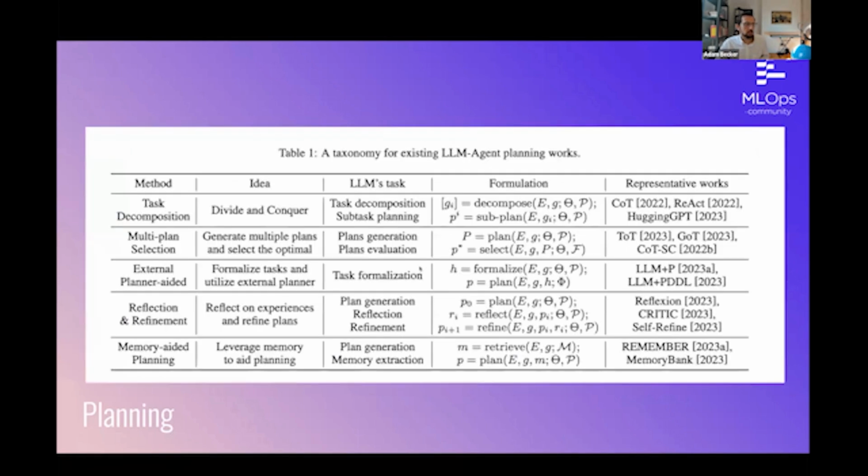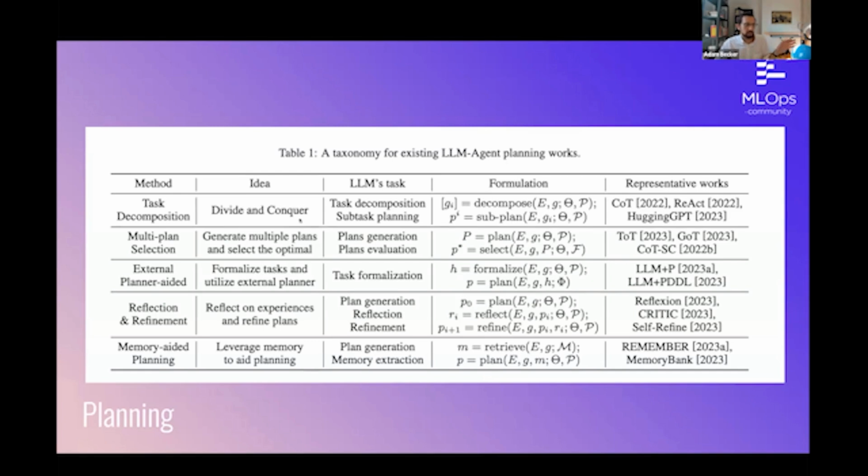And there are different ways to go about this, and there are different flavors of planning. I just thought this would be useful, because as soon as I saw this, it started to make sense of how you get to choose the different methodologies of creating these. So one could be task decomposition, right? Like divide and conquer. This is what it looks like. Just keep breaking this down.